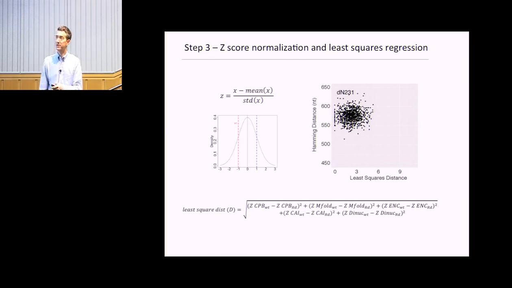And we call this its least squares distance, or D, which we plot versus the Hamming distance in nucleotides across all our species. And here, for 1,000 sequences permuted with this DN231 algorithm, we have all these dots, each representing a sequence, and you can see that there's a number of them that have a least squares of 0.